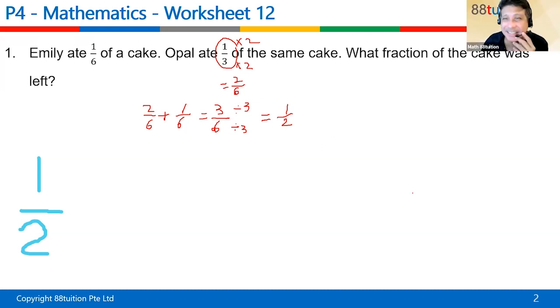Abia, where are you? Suddenly your camera turned off. This is actually eaten, okay? So you need to calculate what is left. We need to know what is left.